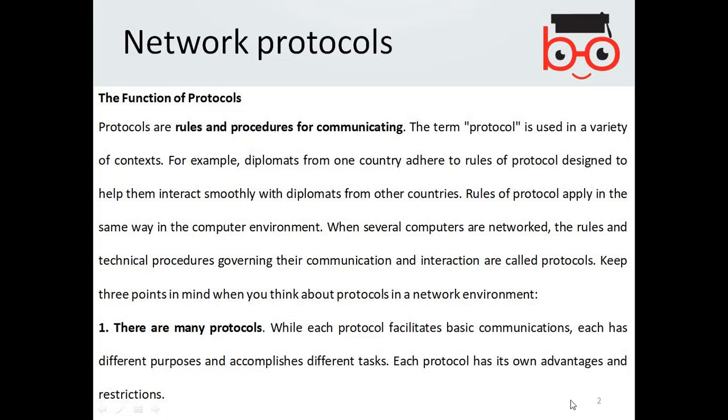Let us take it from the very scratch. If I'm communicating with you through a computer, it's not that simple that your laptop is just transferring my voice to you.